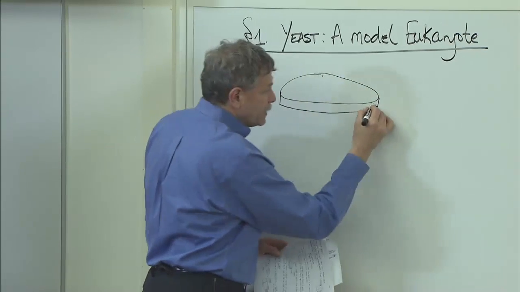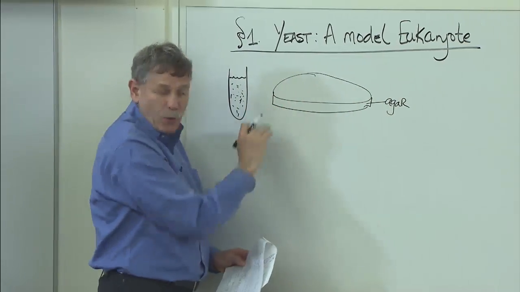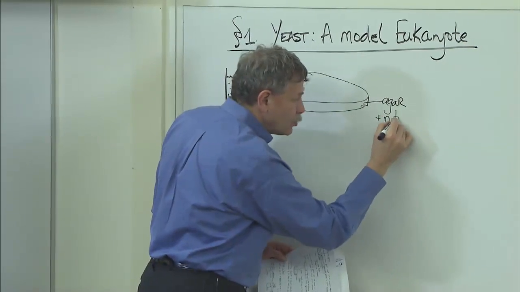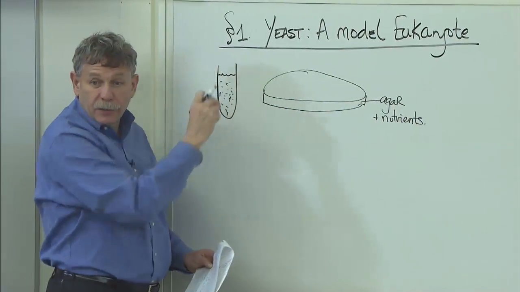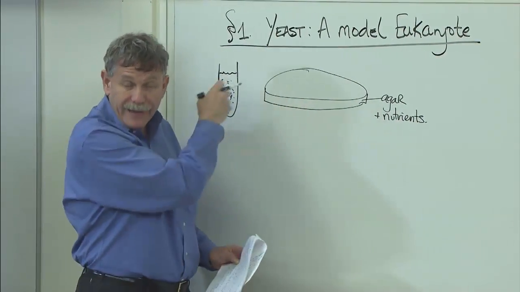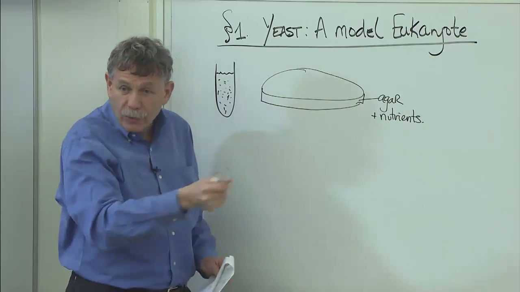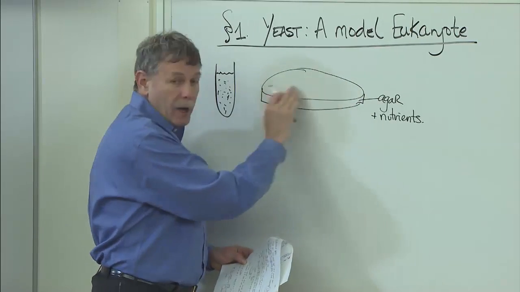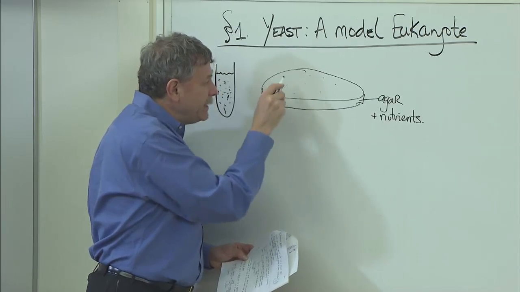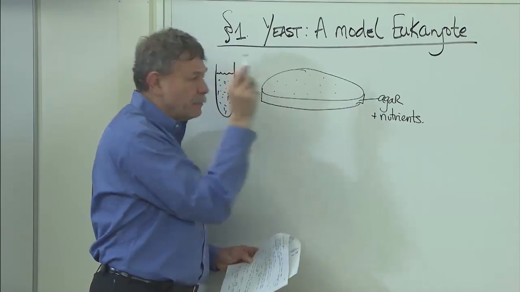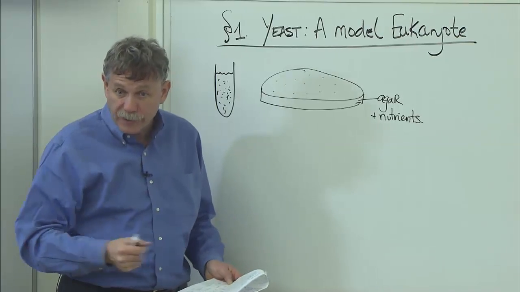The Petri plate has agar, forming a kind of soft, solid support on the bottom with various nutrients. And I'm going to take a little bit of this, an appropriate dilution of my yeast culture, and I'm going to spread it with a sterile glass rod, maybe, across. And if I've done it at a good concentration, single cells will land in different places, and I won't be able to see them. They'll just look like I've spread liquid, and the liquid dries off.